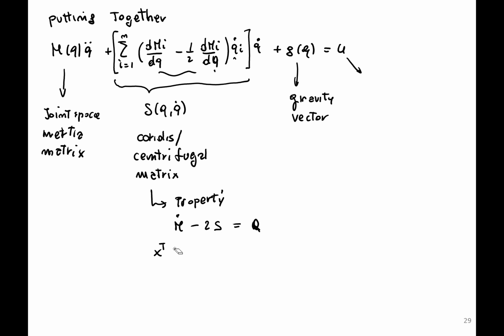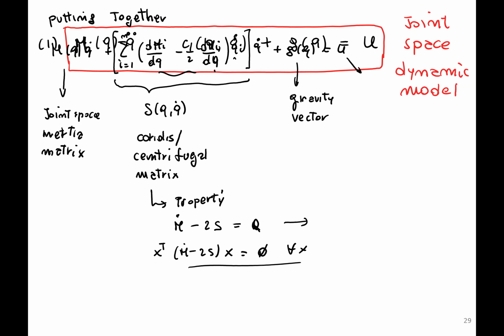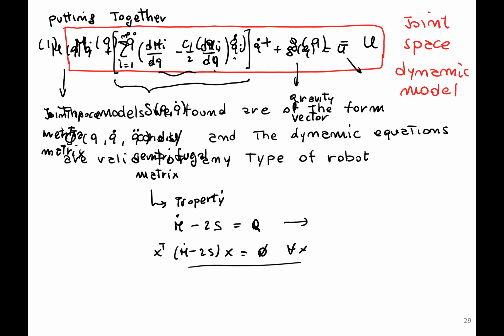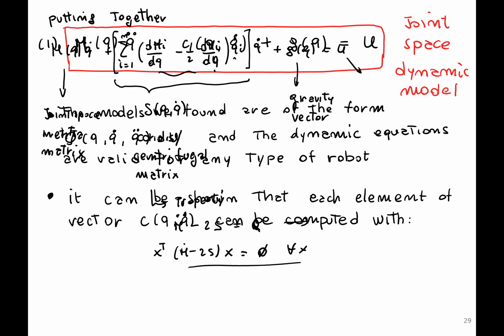So if you do x transpose times (M dot minus 2S) times x, you have always 0 for every x. And this will be a very useful property to derive the demonstration, the proof of global stability with Lyapunov, and to design controllers. But we will not use it. And so this is the joint space dynamic model, the full thing.